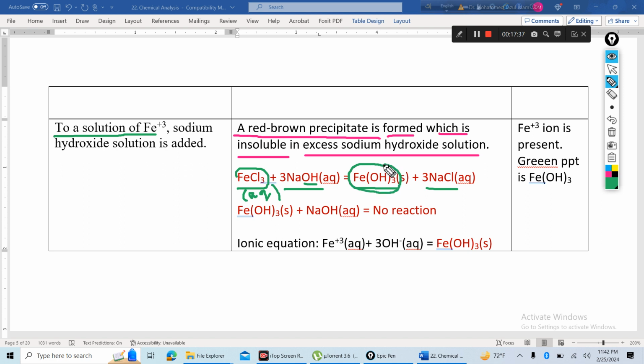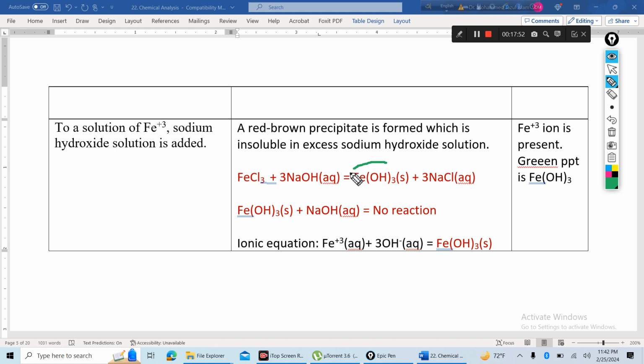Iron 3 hydroxide is a red brown precipitate, or brown precipitate, reddish brown precipitate you can write, plus sodium chloride aqueous salt is formed. This is Fe(OH)3, a red brown precipitate.